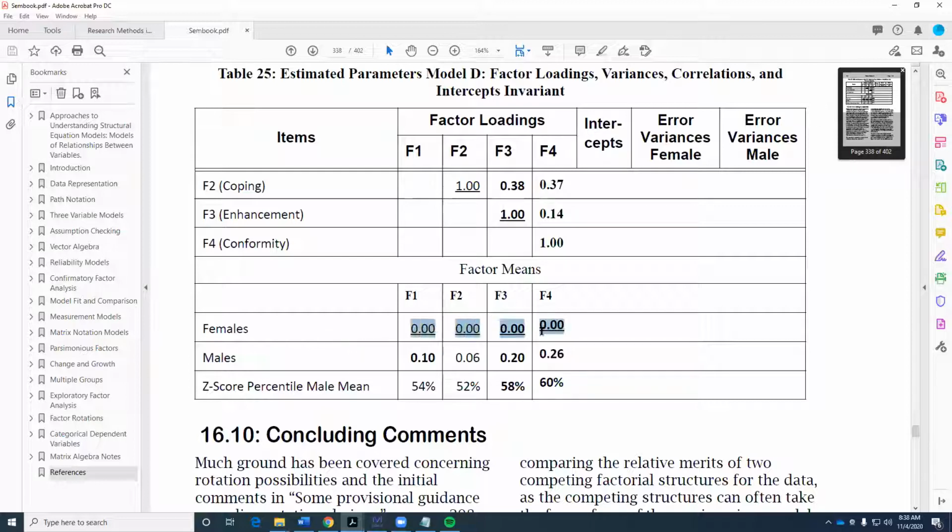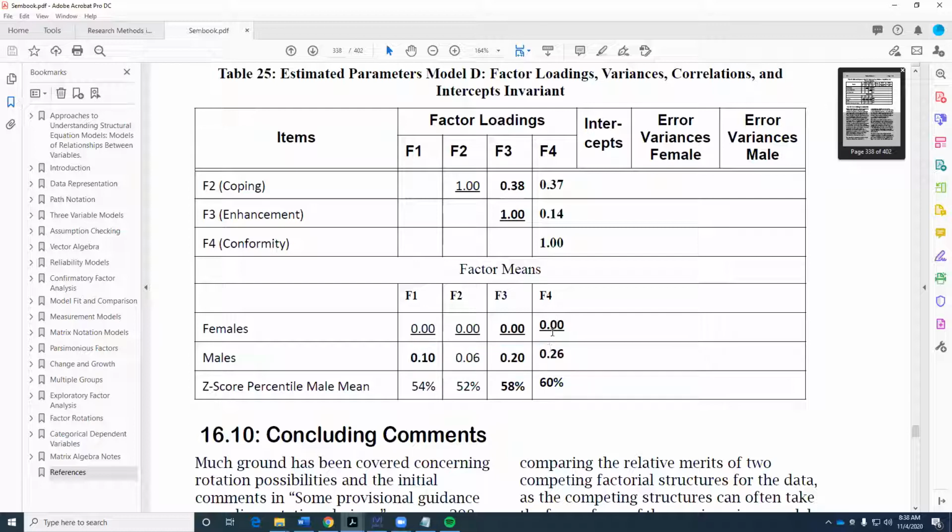Well, as we talked about in the multi-group model, if I'm freely estimating the manifest variable intercepts, but constraining them to equality across groups, I need to adopt a reference group. So in this particular study, I chose women to be the reference group. And the freely estimated means on the 4 factors for the men are here.